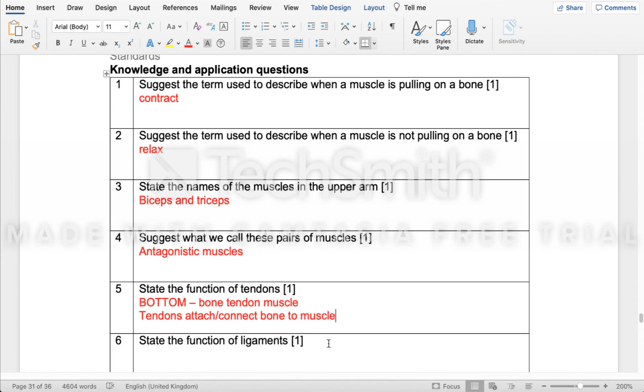So you got one figured out, which means that the other one should be fairly simple, and that word is blob, B-L-O-B. This one is bone, ligament, bone. That means that ligaments attach or connect bone to bone. That should help you memorize what tendons and ligaments both are.